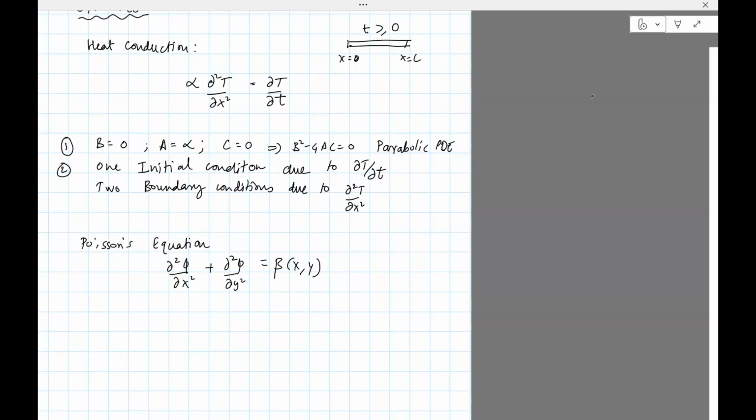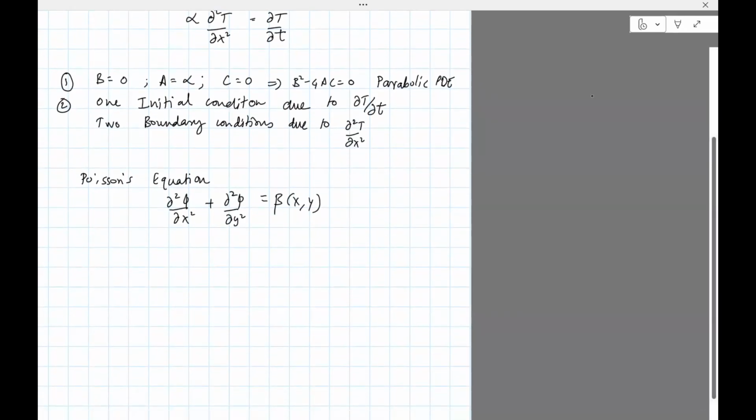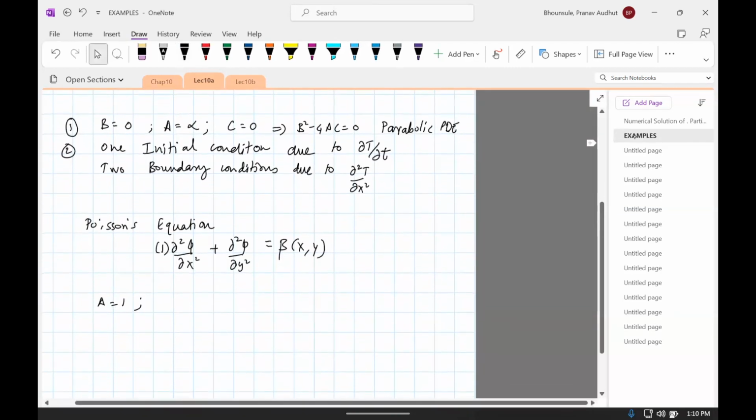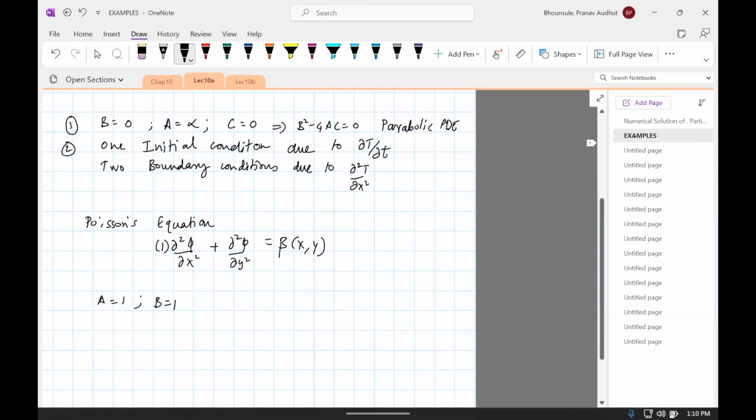So in this case, we can also figure out what A, B, C is. A is whatever is in front of d square phi dx square, that's 1. C is what is in front of d square phi dy square, and B is what is in front of the mixed term dx dy. So A is 1, C is 1, and B, which is the middle term, is not there, so it's 0.